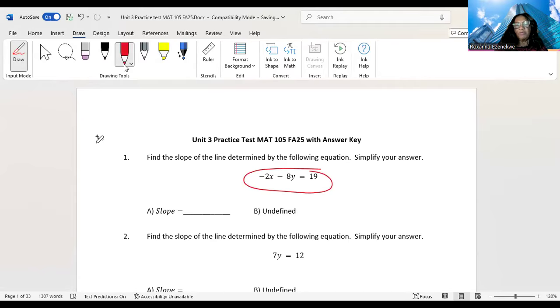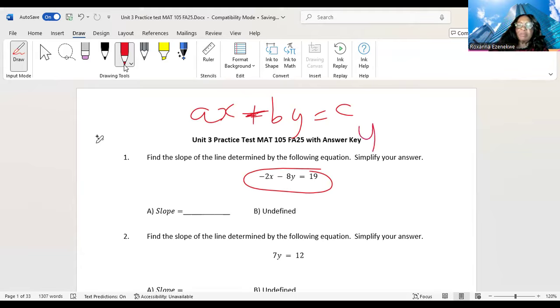The standard form of the equation of a line is ax plus by equal to c. But you want to rewrite this equation in slope-intercept form.